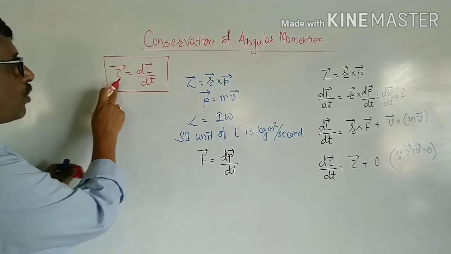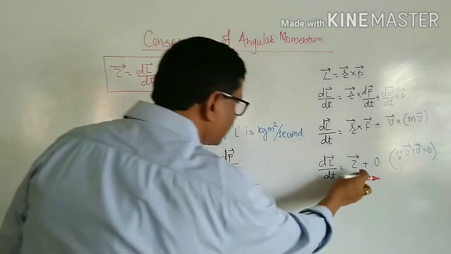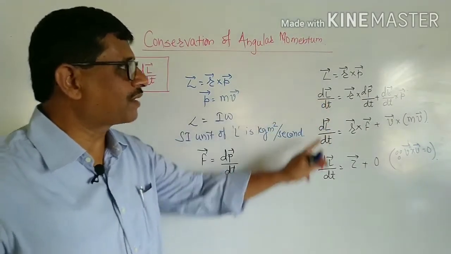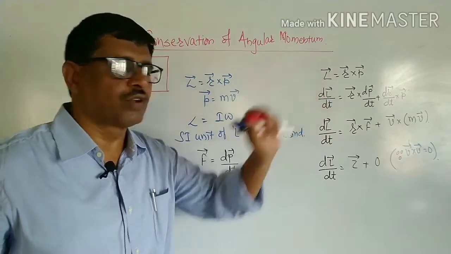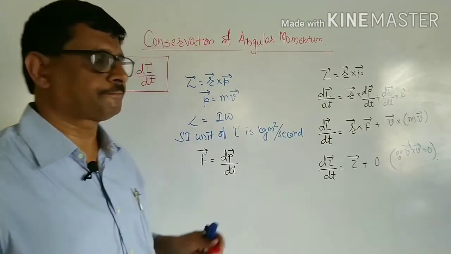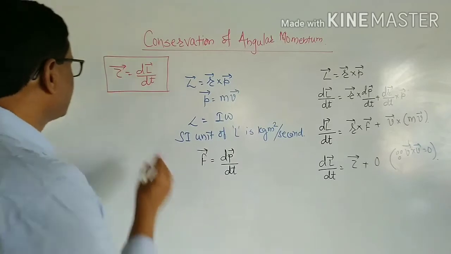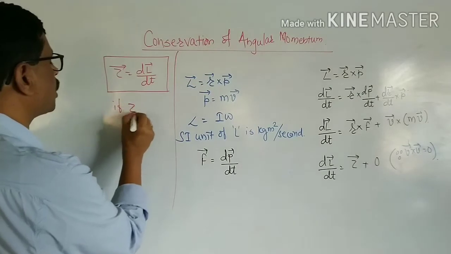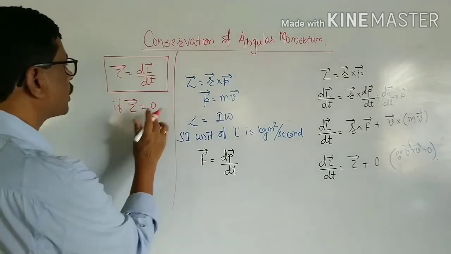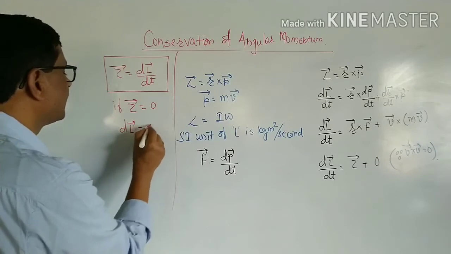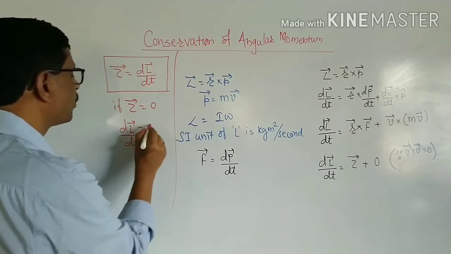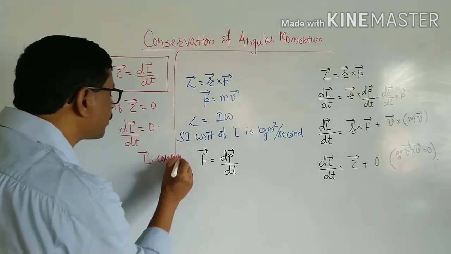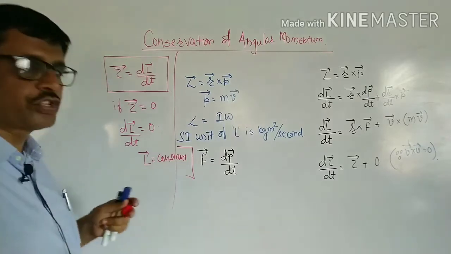Torque is equal to the rate of change of angular momentum, which we get from the mathematical treatment of angular momentum, vector R cross vector P. Now, in the absence of external torque, if external torque is 0, then obviously dL by dt should be equal to 0, and therefore vector L is constant. This is what we call the law of conservation of angular momentum.